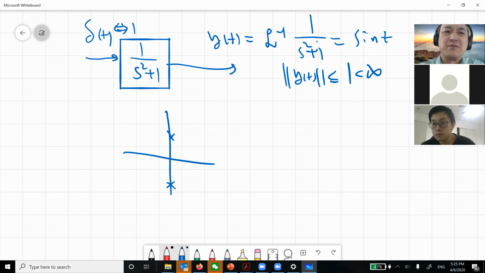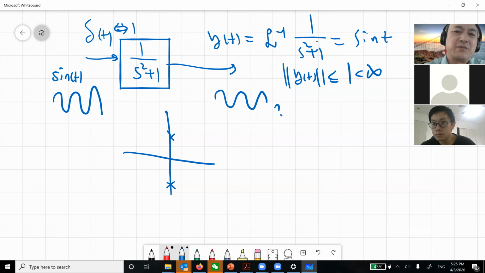That gives you an impression that if I give you a sinusoid, sine t, in this one, will you give me a BO? This is BI. Can I get a BO?